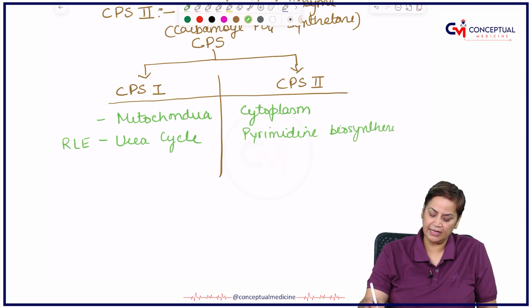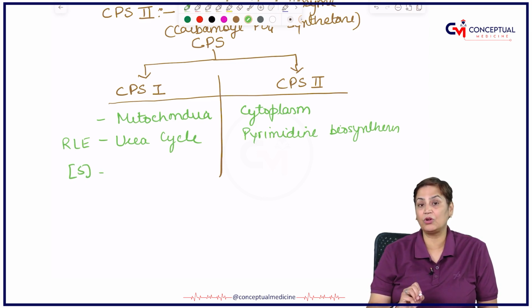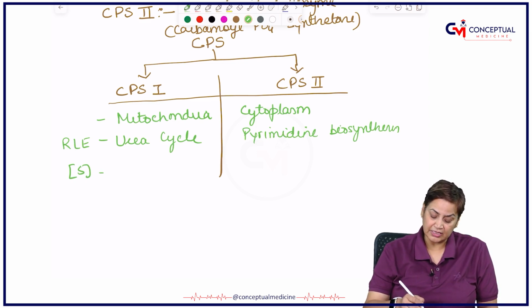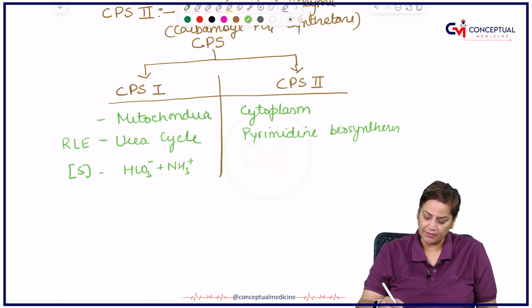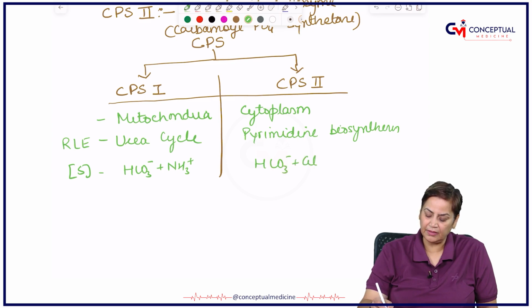Very important. And if we talk about the substrates, in CPS I, because they are going to form urea, the substrates are bicarbonate ions and ammonium ions. On the other hand, in CPS II the substrates are bicarbonate ions and glutamine.